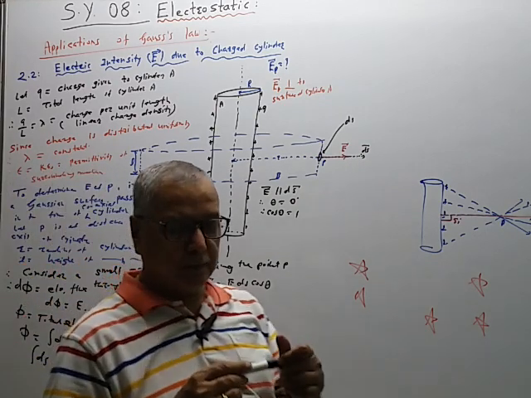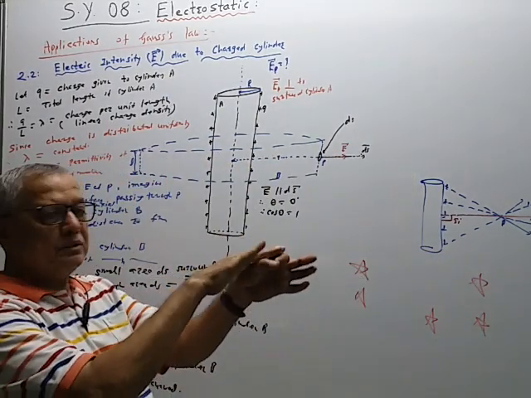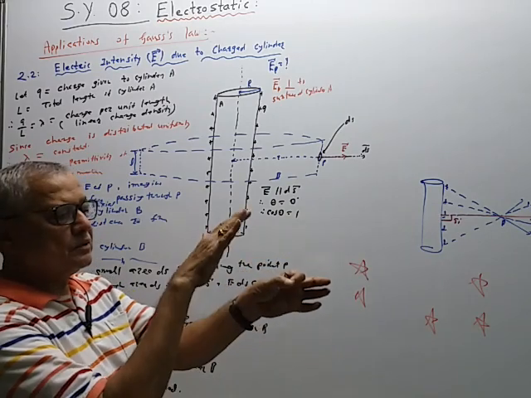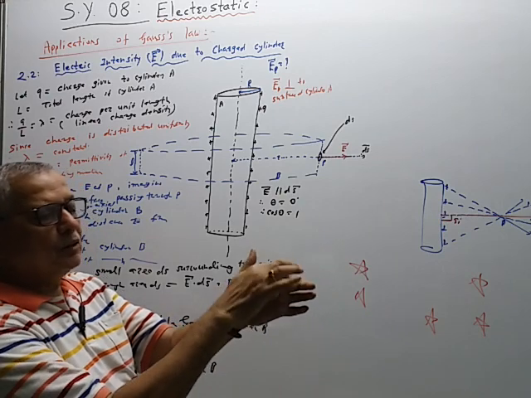This step is very important. Also the cylinder: this is top surface, this is bottom surface, and this is the curved surface. There are 3 surfaces: area of the top surface, area of the bottom surface, and area of the curved surface.